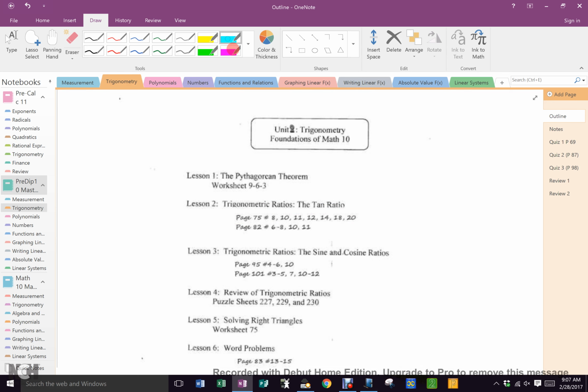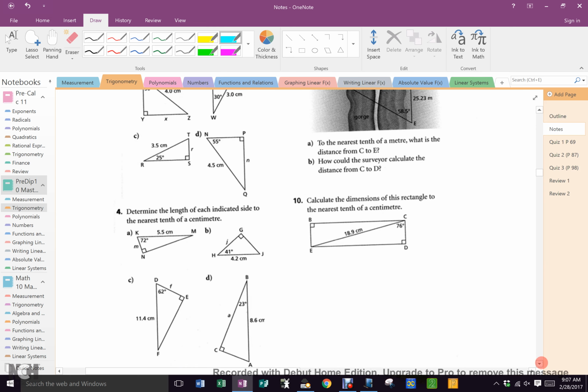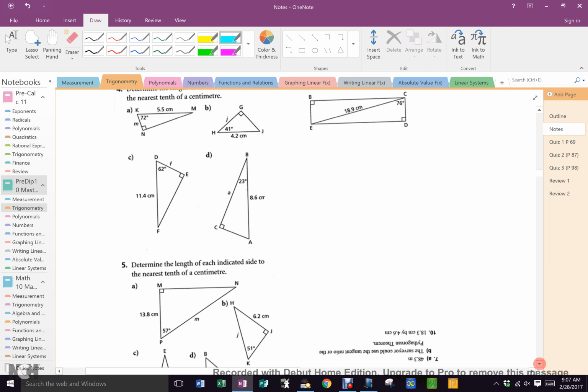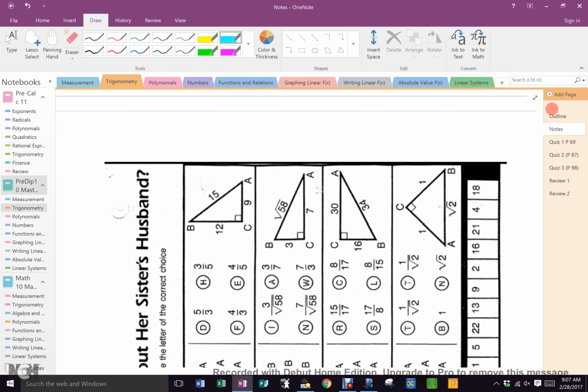That is your homework right there. I mean, each triangle below. Answers are provided, but they are turned upside down.